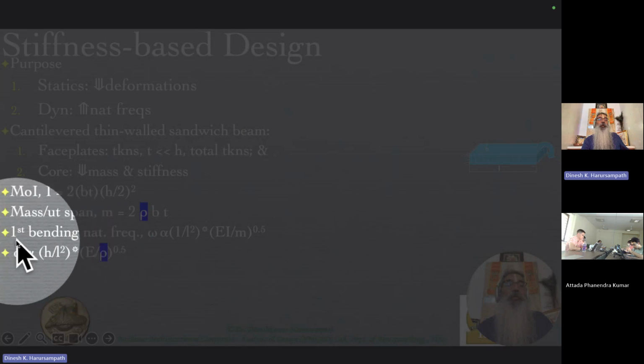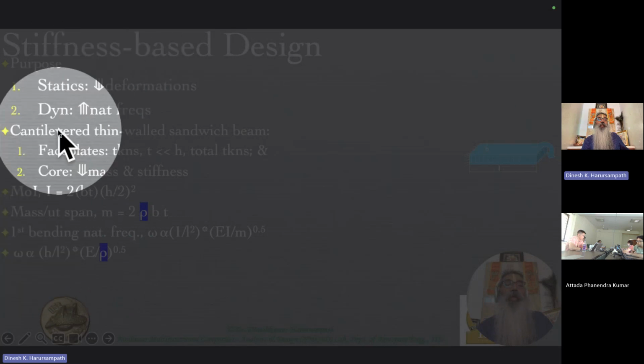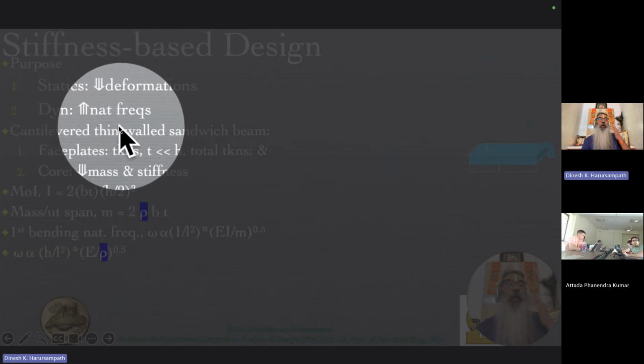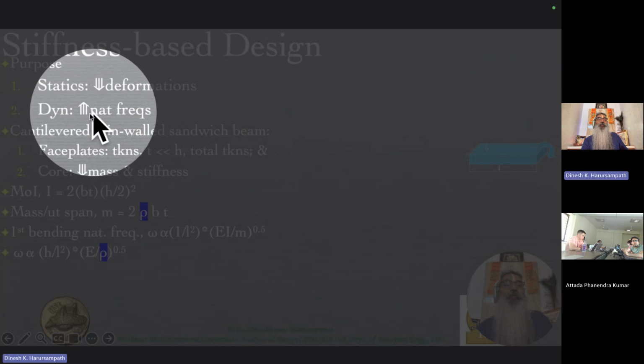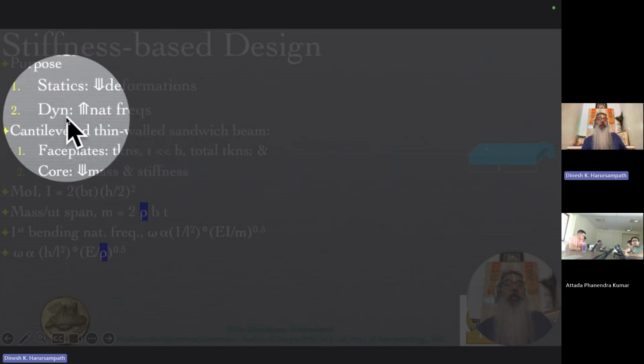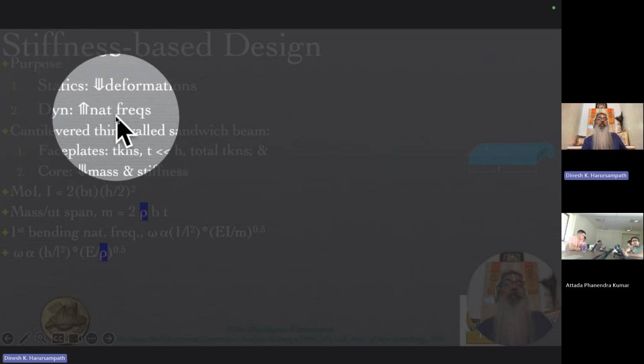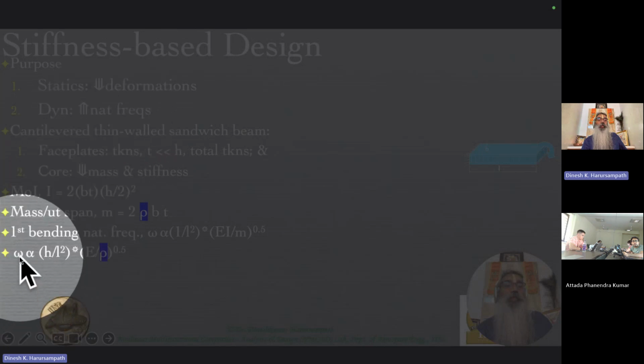And there also we wanted to maximize the failure limit. Here we want to maximize the natural frequency so that we will avoid it matching with any of the dynamic loading frequencies and avoid things like air resonance, ground resonance, etc.